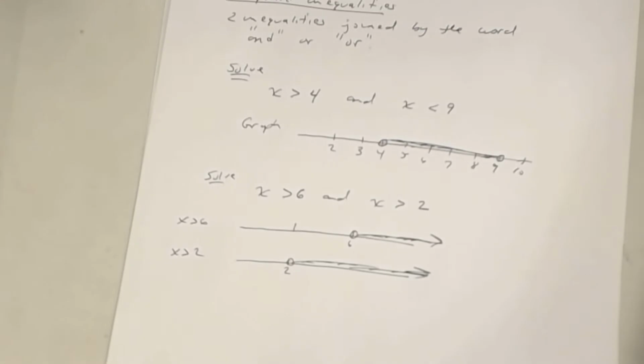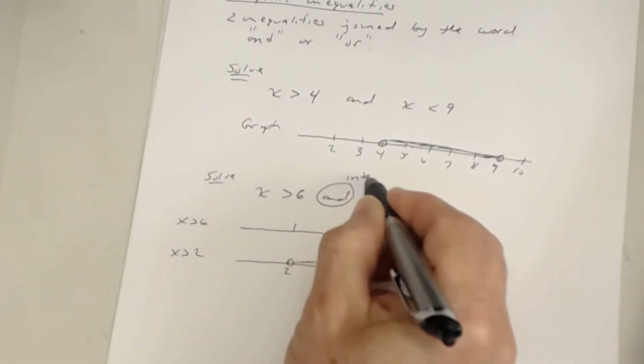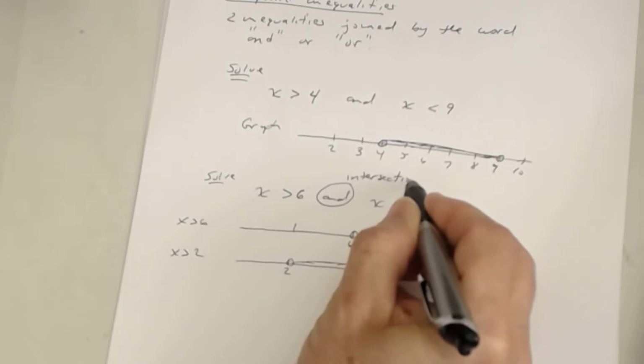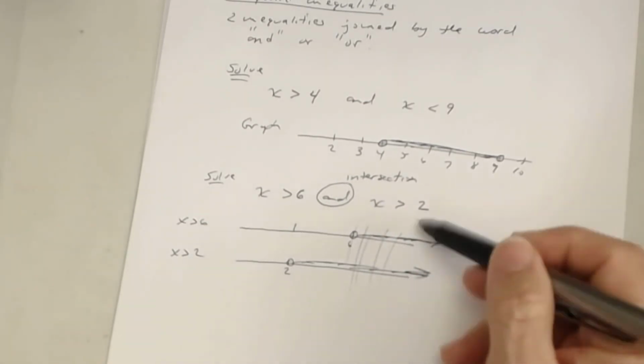When you see the word "and," I want you to think of intersection. Overlapping. Where do those two graphs start overlapping? Between 6 and what? Infinity.